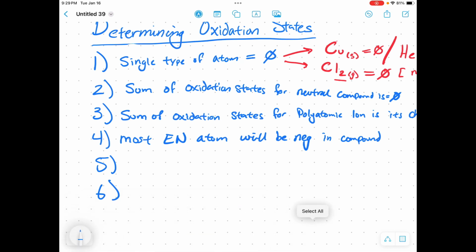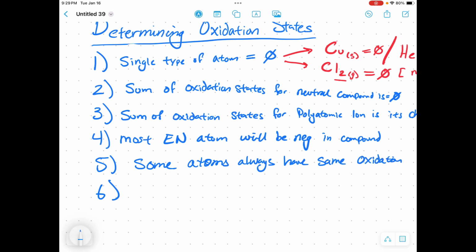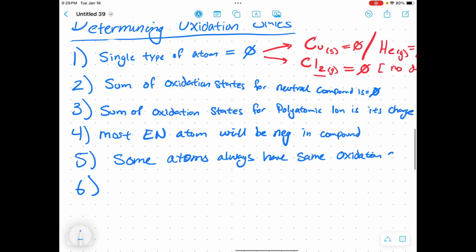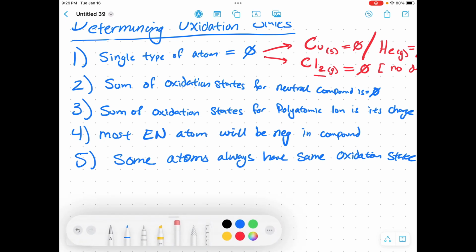And then our last rule is that some atoms will always have the same oxidation state. So for example, let's make a little bit of room here.